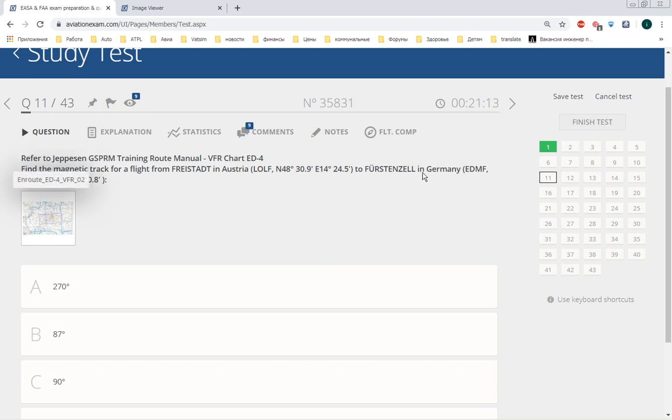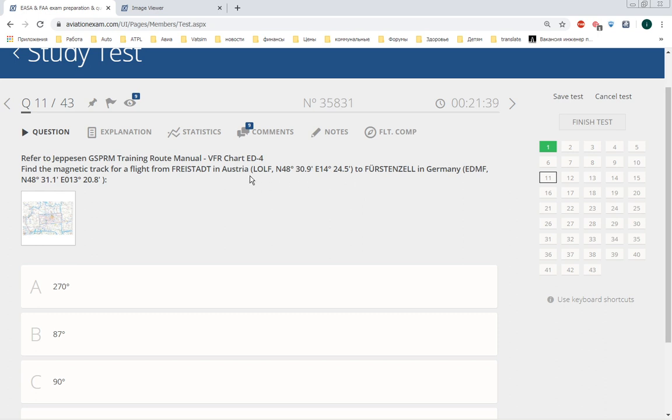Okay, next airfield is on the same latitude, just a bit to the north. Here is 31 minutes, and here is 31 and some seconds, and we have here 14 degrees of east, and here's 13 degrees of east.